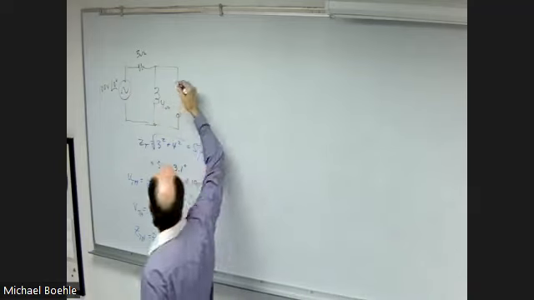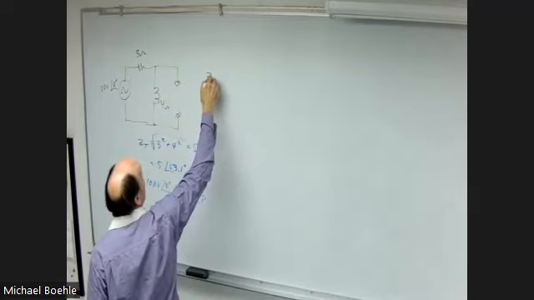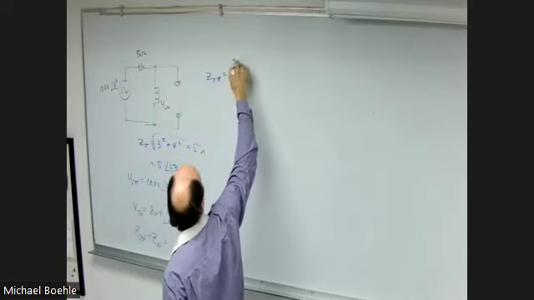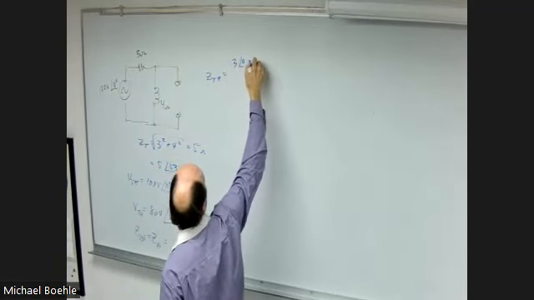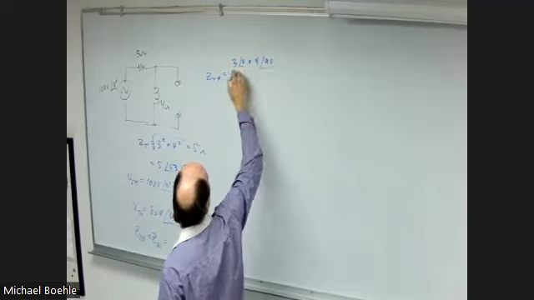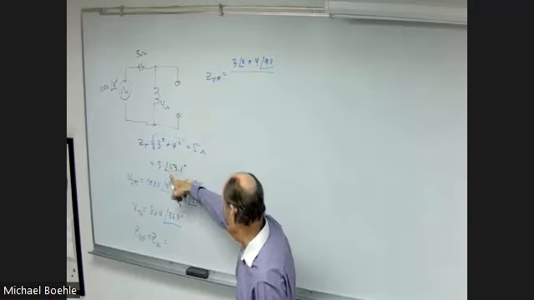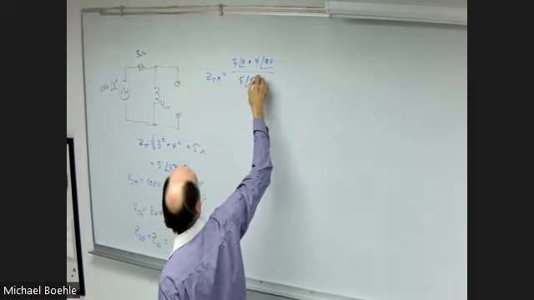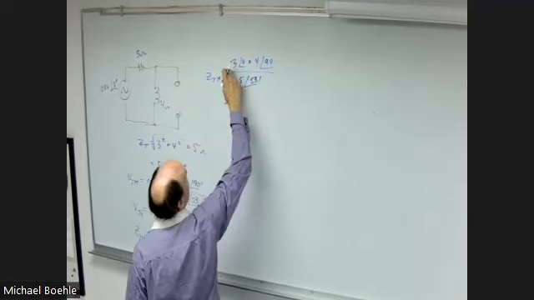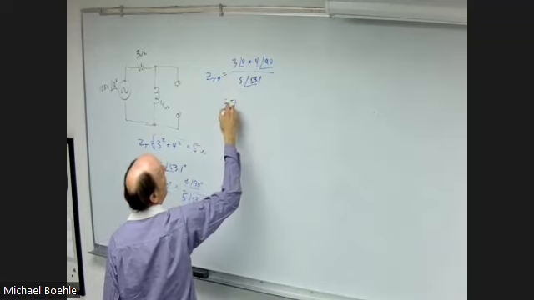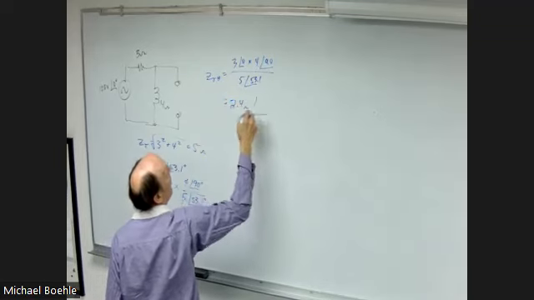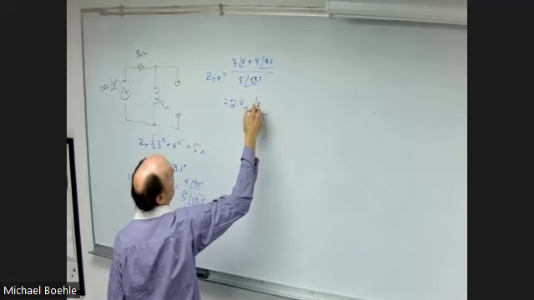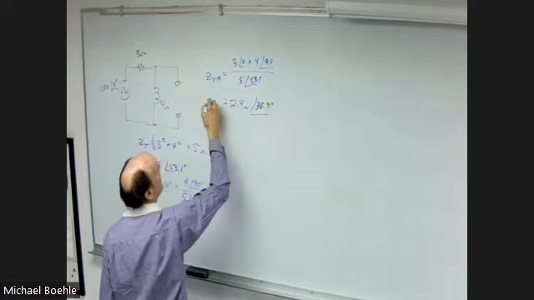So now the Thevenin impedance would be the product, 3 at 0 times 4 at 90, divided by the sum, which we actually have right here, 5 at 53.1. 3 times 4 is 12, divided by 5 would be 2.4 ohms at an angle of 90 minus 53.1, or 36.9 degrees.